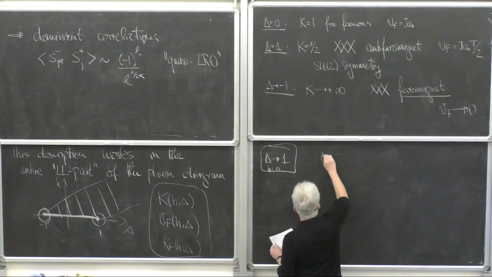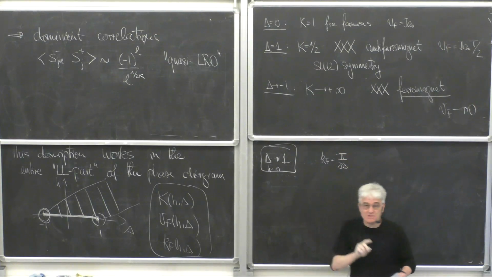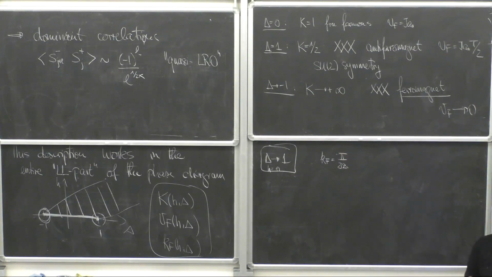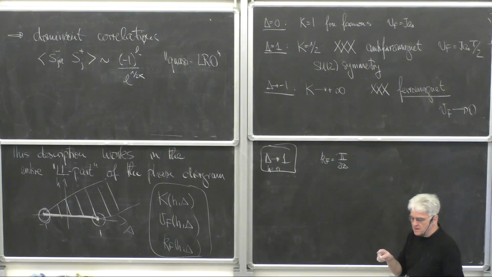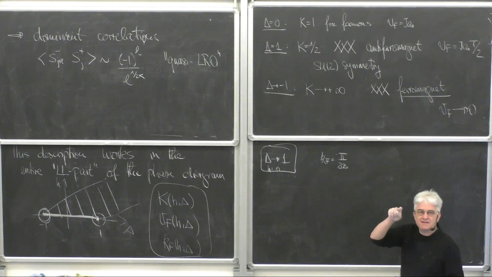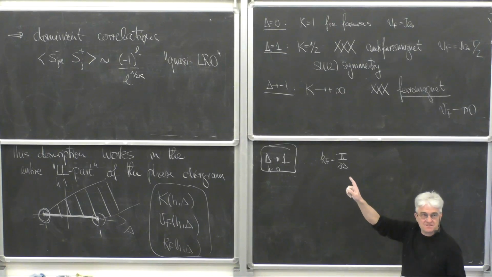Now remember, kF was pi over 2a0, because we're in zero field. When we bosonized, we had this operator, a cosine of square root of 16 pi phi minus 4kFx.